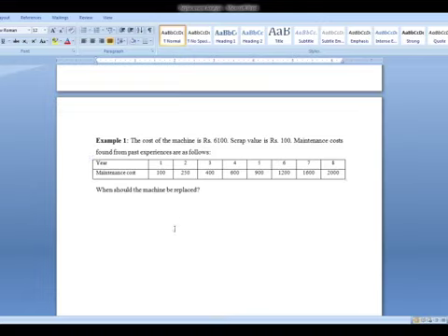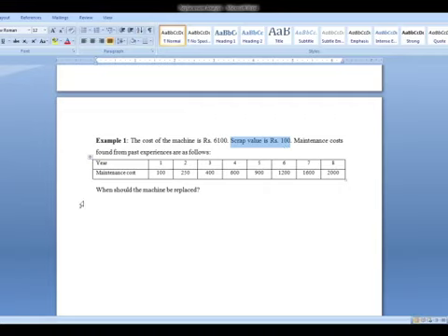So the cost of the machine is rupees 6,100, meaning when you buy the machine the first time, it is 6,100. The scrap value is rupees 100. The scrap value is what you get if you scrap or resell the equipment; it is going to give you 100 rupees.